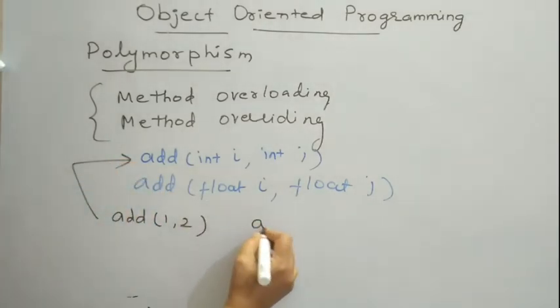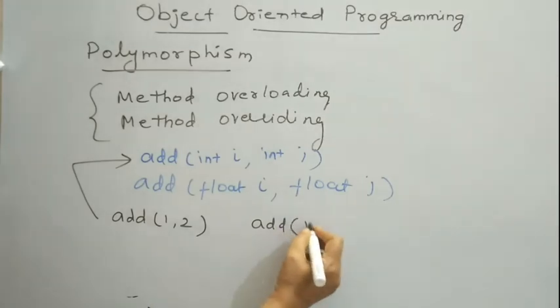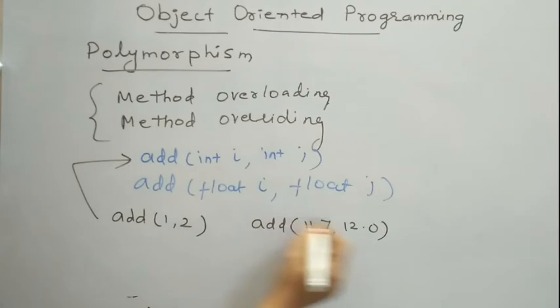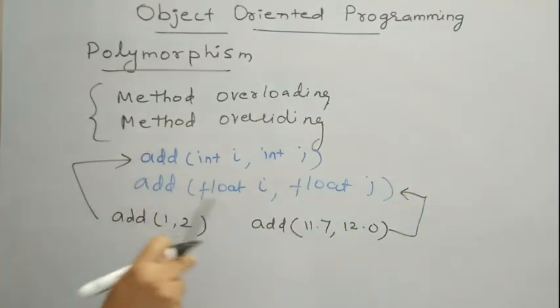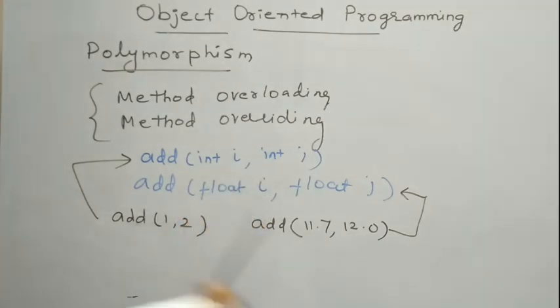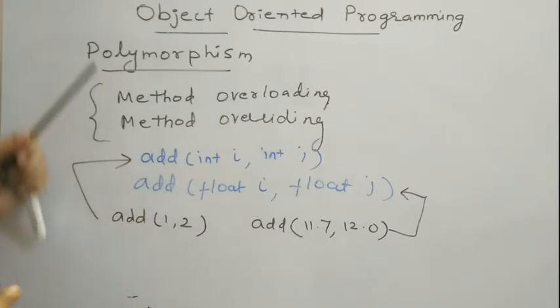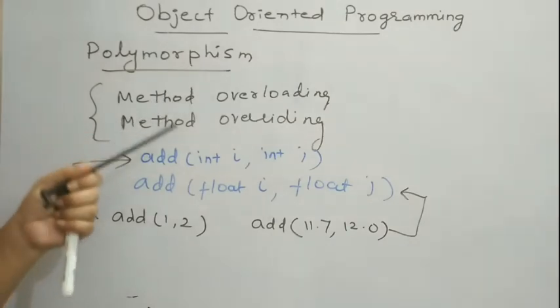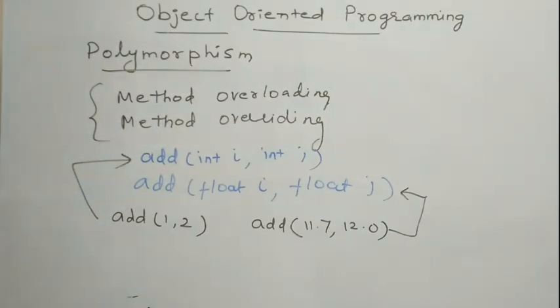If I call the same function add by passing the parameters 11.7 and 12.0, the second method will be invoked. The same method is implemented in different ways when the parameters passed are of different data types. This is the process of method overloading. In object-oriented programming, polymorphism is implemented by method overloading and method overriding.